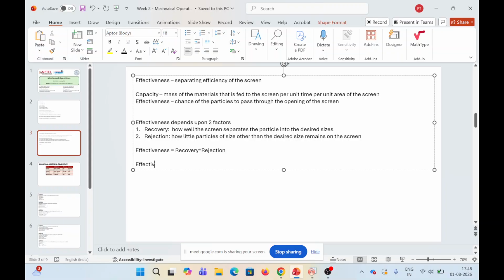So kindly look through the course content for the full mathematics behind this particular expression that I am going to mention here. So it is YB by YA.